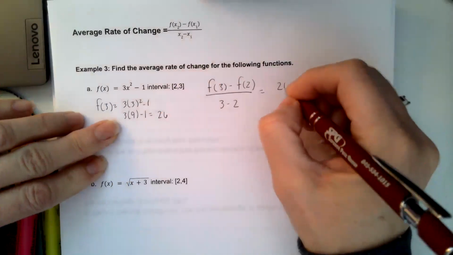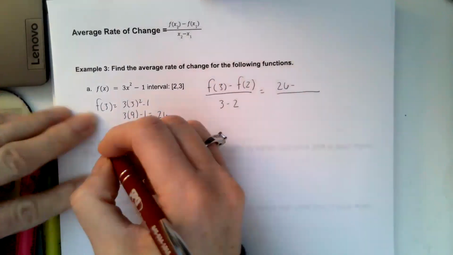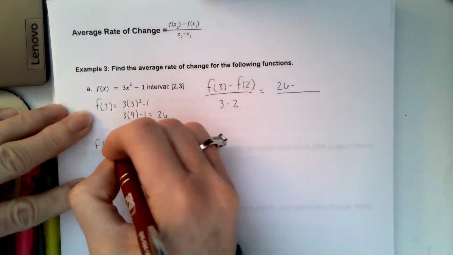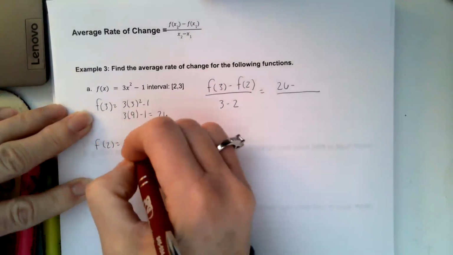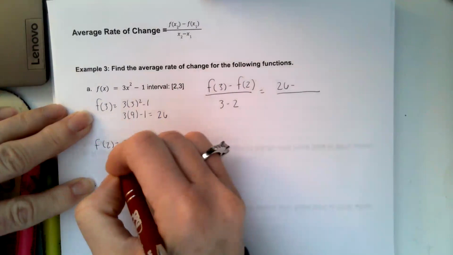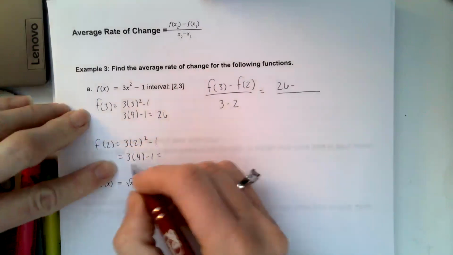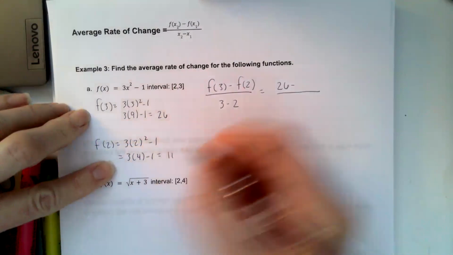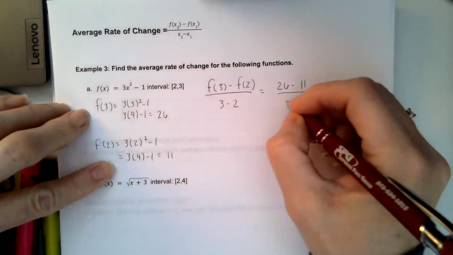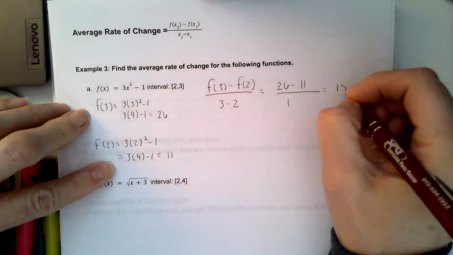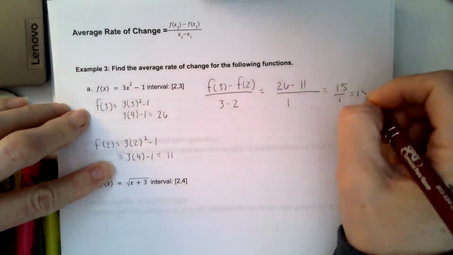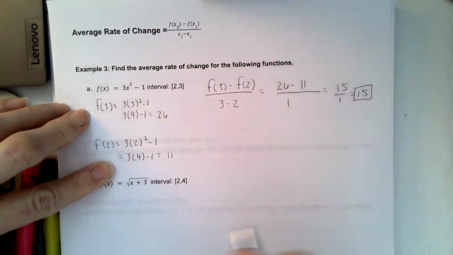And then the function evaluated at 2 is 3 times 2 squared minus 1, or 3 times 4 is 12 minus 1 is 11. So 26 minus 11 over 1 is 15 over 1 is 15.